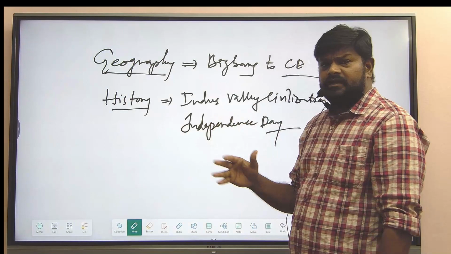We have written the world's largest, lengthiest, rigid and flexible constitution, and its features will be in the Indian constitution. That book itself will form your polity. The number of articles, the amendments, everything written in this constitution will form your polity.